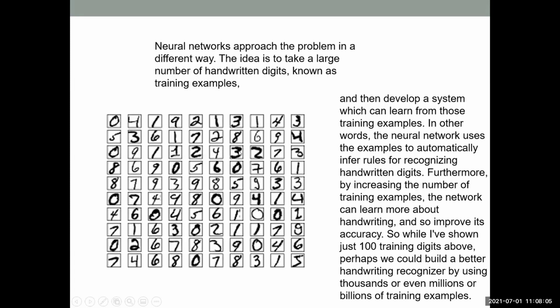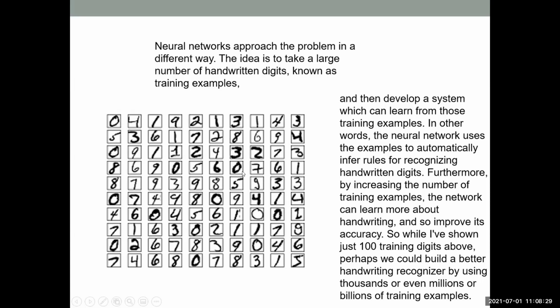But we want to take a data set with 50,000 and then develop a system which can learn from those training examples. In other words, the neural network uses the examples to automatically infer rules for recognizing handwritten digits.